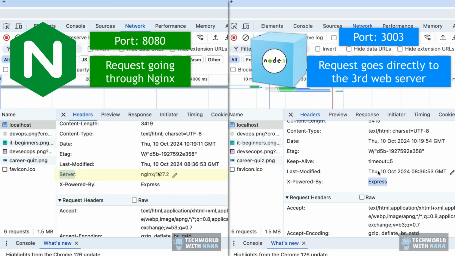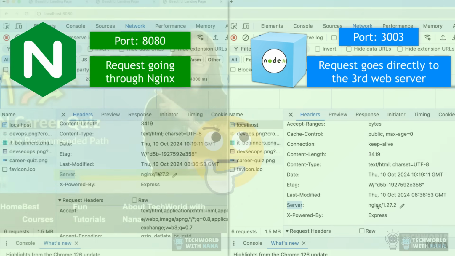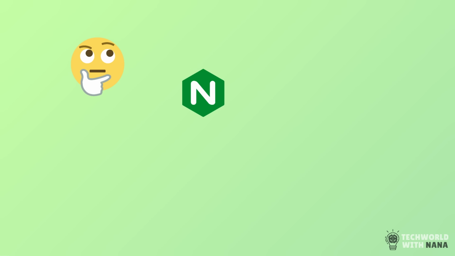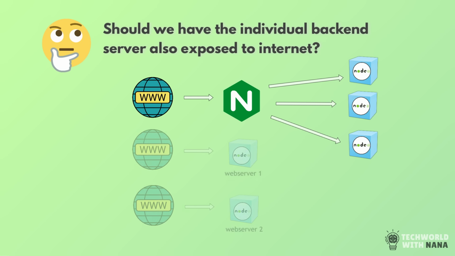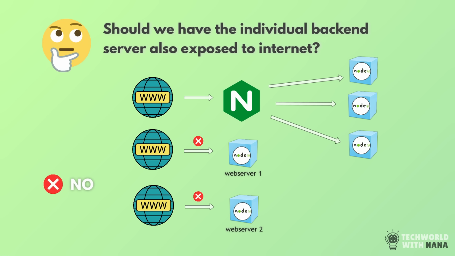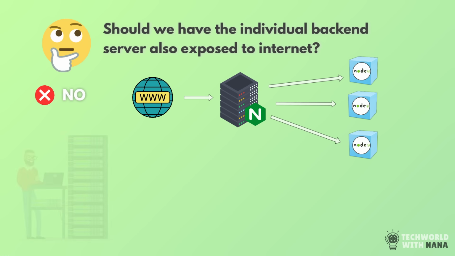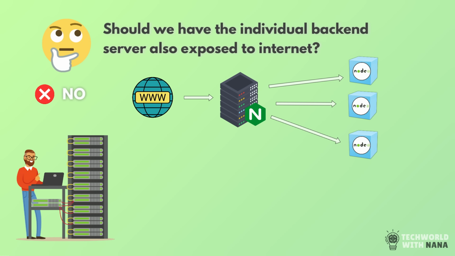configured here. And you may be wondering, when we have Nginx as an entry point, should we have the individual backend servers also directly available? In practice, it should not be the case. This only works because we are on localhost, but Nginx is a proxy server. So it usually is installed on a server, usually a Linux server where the application is running.